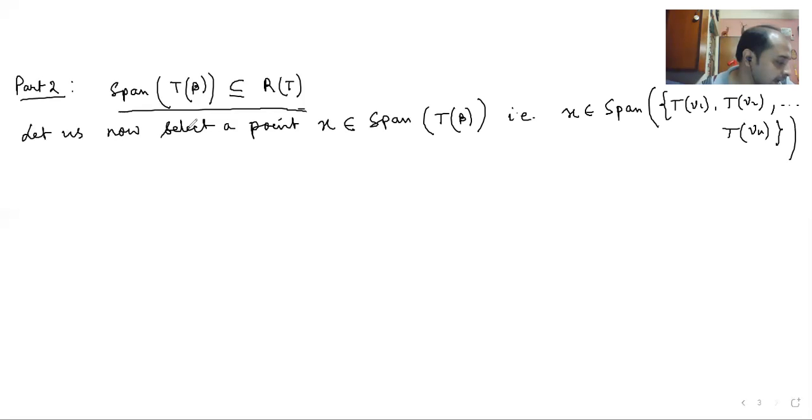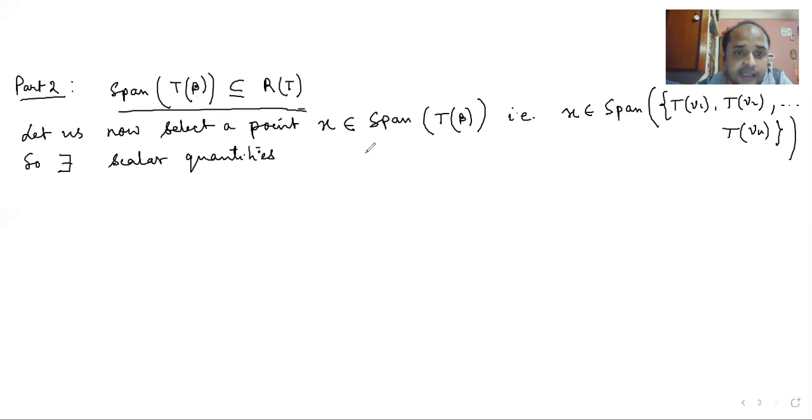Okay, and so therefore, since this belongs to this particular span I am choosing, there exist scalar quantities.